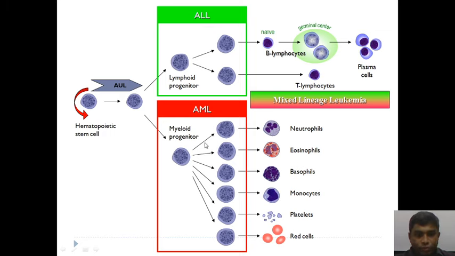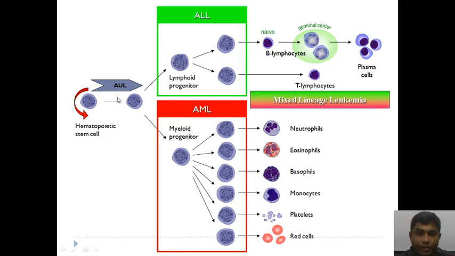We know there are two major types of progenitor cells: lymphoid progenitor cell and myeloid progenitor cell. Leukemia arising from a lymphoid progenitor cell gives rise to acute lymphoblastic leukemia, and acute leukemia arising from a myeloid progenitor cell gives rise to acute myeloid leukemia.